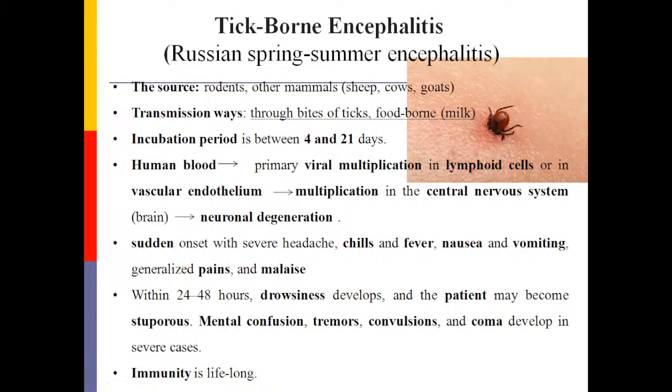Incubation period of tick-borne encephalitis is between 4 up to 21 days. Virus enters the human blood when a tick bites. You can see when a tick bites the person, it causes primary viral multiplication in lymphoid cells or in vascular endothelium, in blood vessels.